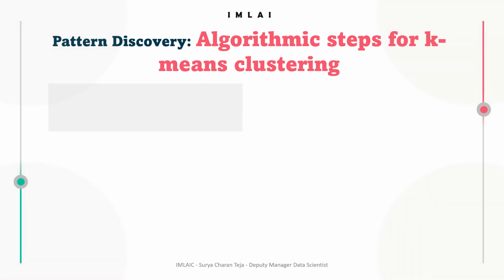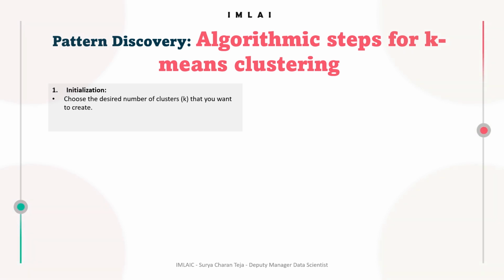Let's look into the steps one by one. K-means clustering is an unsupervised machine learning algorithm used for partitioning a data set into distinct groups or clusters based on their similarities. The first step is initialization.